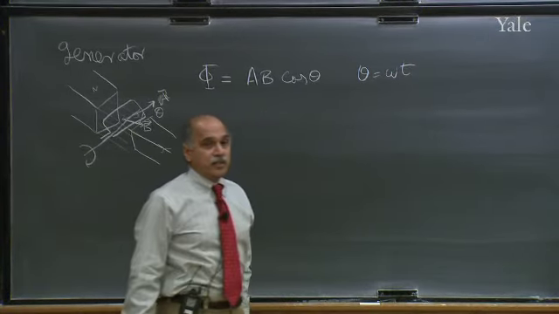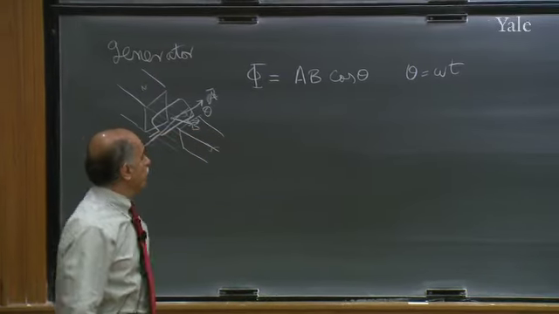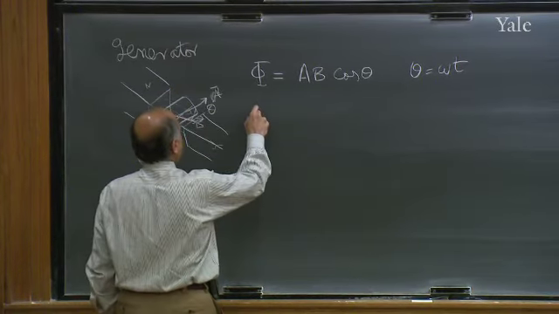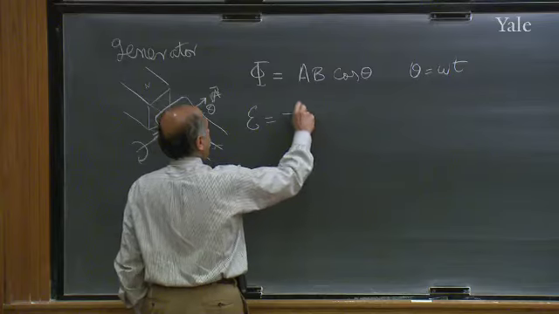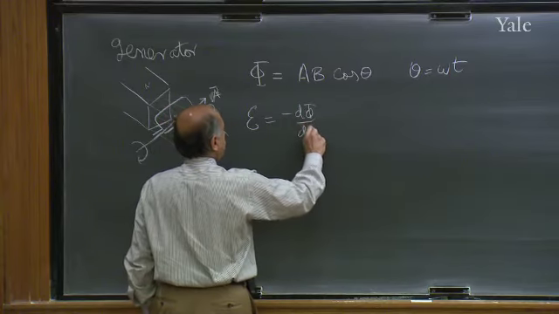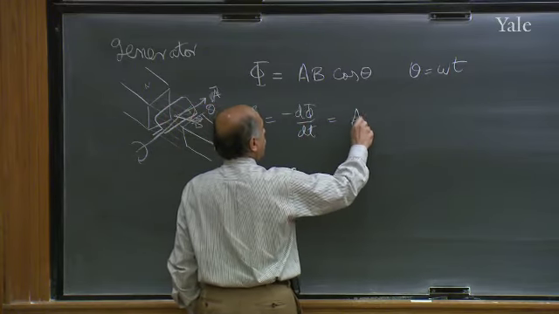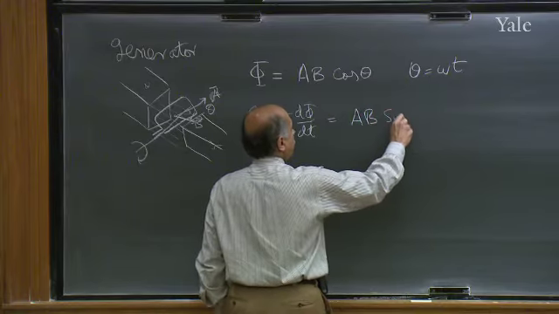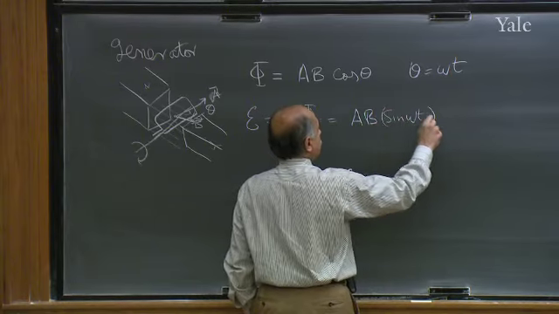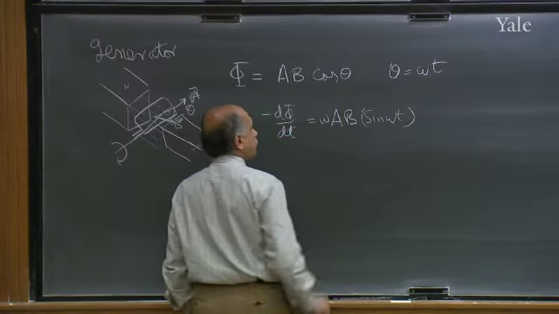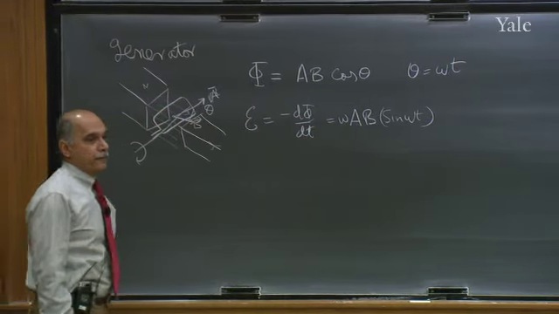So theta is omega t. Then you can see that the EMF, which is minus d phi dt, is equal to A B sine omega t times another omega. That's the EMF.